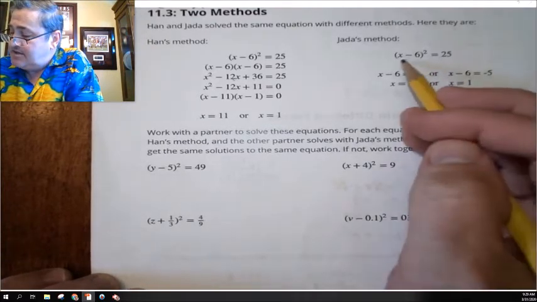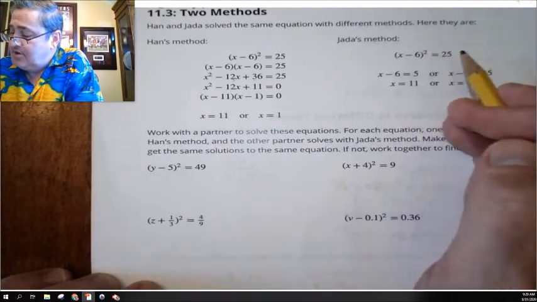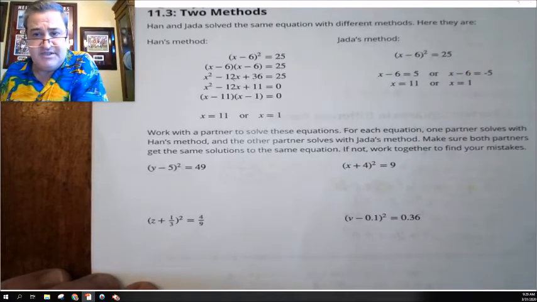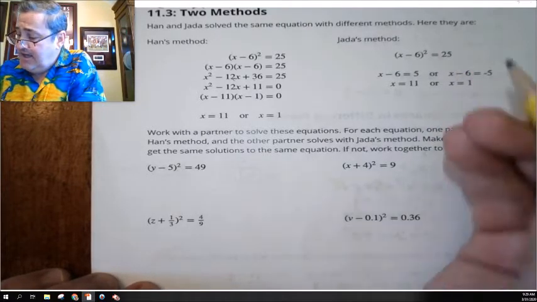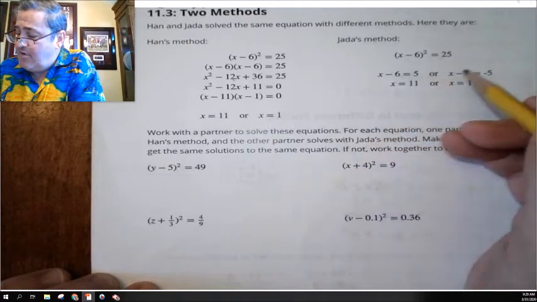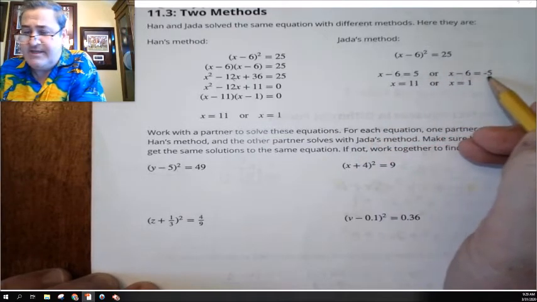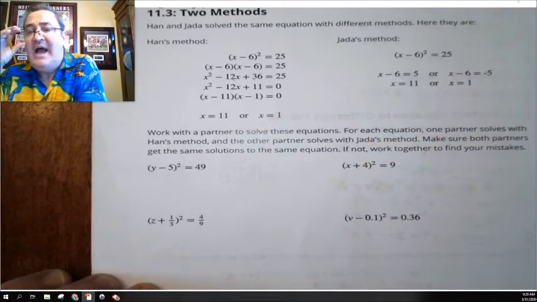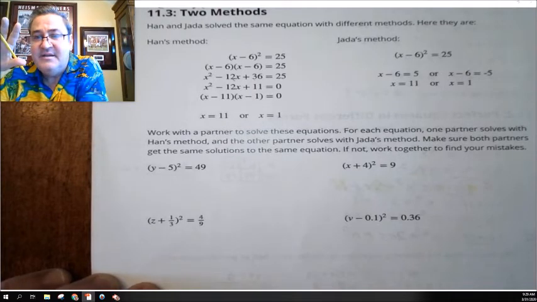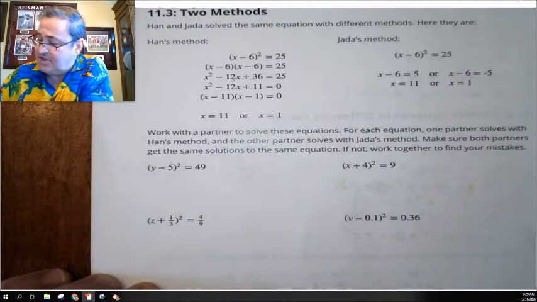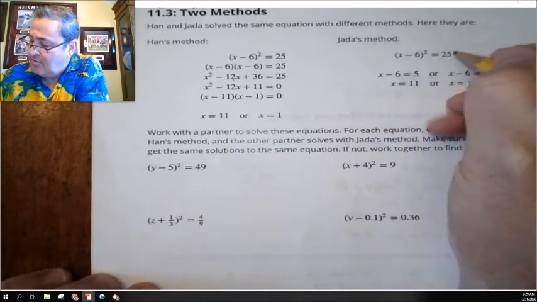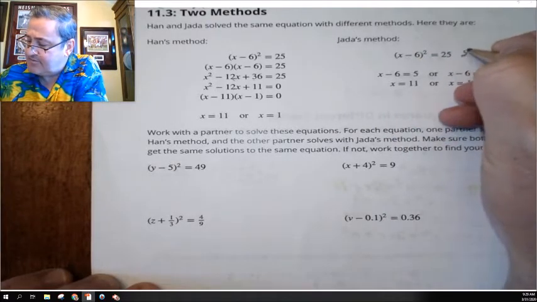She said x minus 6 squared equals 25. So she said that means either x minus 6 equals 5 or x minus 6 equals negative 5. How did she do that? Well, what she did is she said, if this is a squared number, what number is this? It's 5 squared.